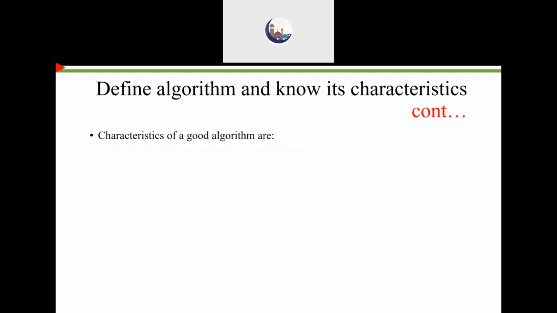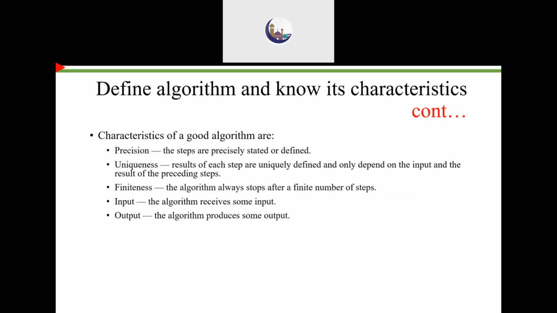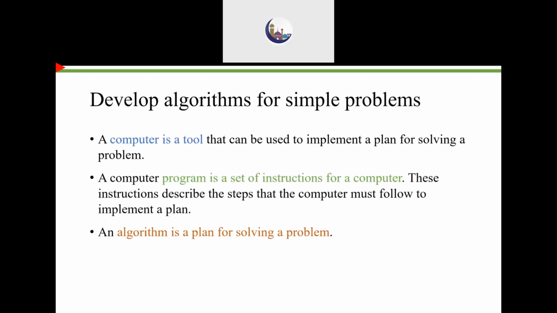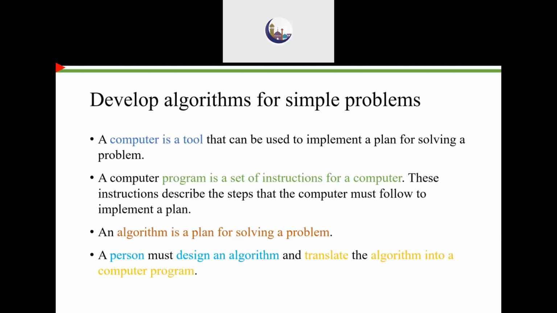So we have seen various characteristics such as precision, uniqueness, fitness, input, and output. Those things we discussed yesterday, and now coming further, whenever we have an algorithm, we need to put it down on a piece of paper.